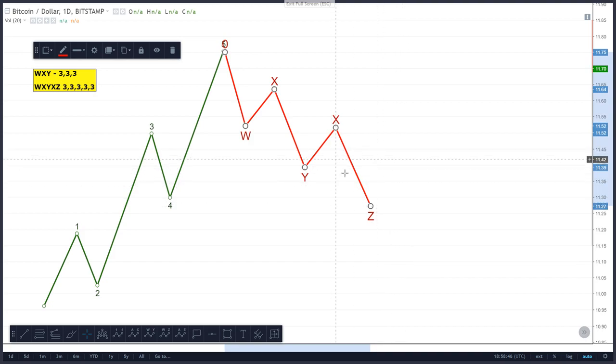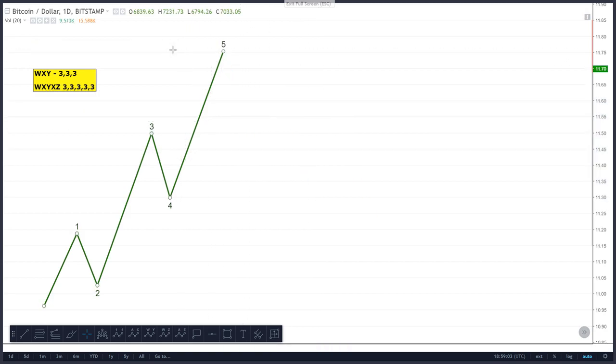It will only be in the terminal leg or the X wave. Yeah. Apart from that, you can get absolutely any corrective pattern in W, Y, and Z, or even X. You can have any corrective pattern, so any combination. Yeah. And this is why corrective waves are the real art of mastering an Elliott wave, because there's so many variations, and it's what makes them very hard to trade.